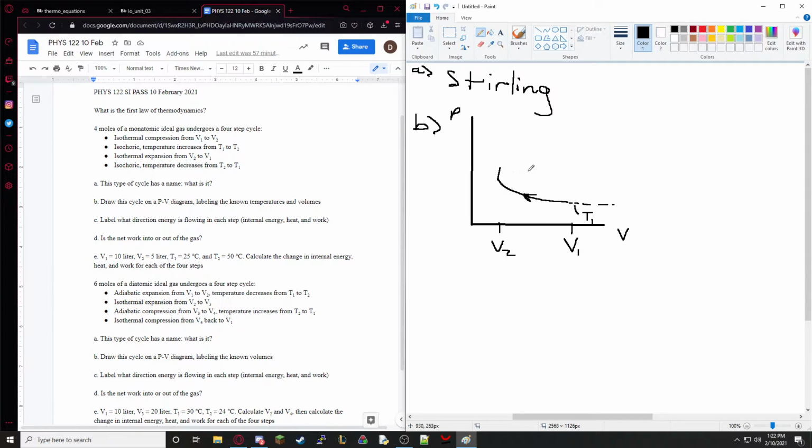A vertical line straight upward, going from this isotherm to another isotherm higher up, and the higher up you go, the higher the temperature. So we got here. Then our third step is an isothermal expansion from V2 back to V1. What's that going to look like?